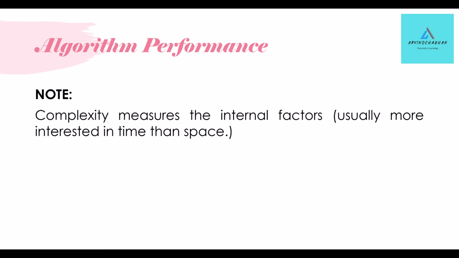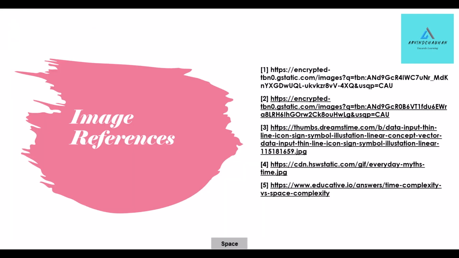So I will consider mostly the internal factors, and within them we focus mostly on time rather than space, because in the current scenario we have plenty of space available. If a particular algorithm is not bounded by space, space is not a concern for us. So we will mostly focus on time rather than space.